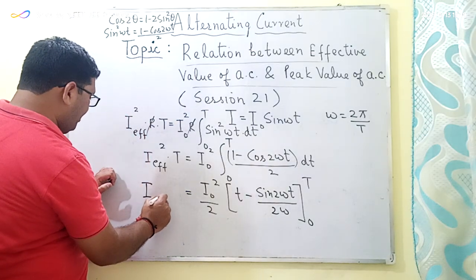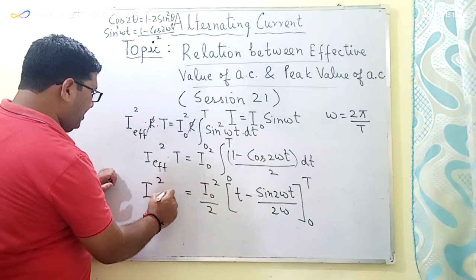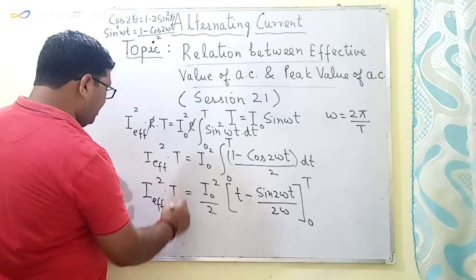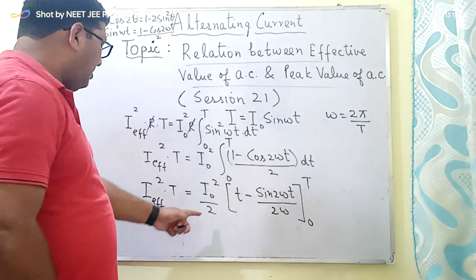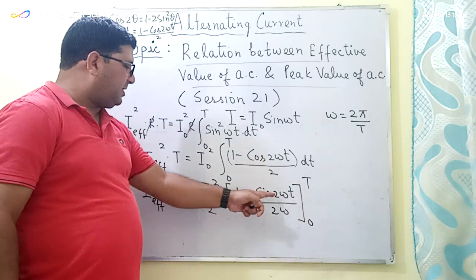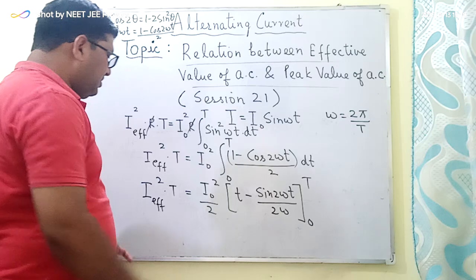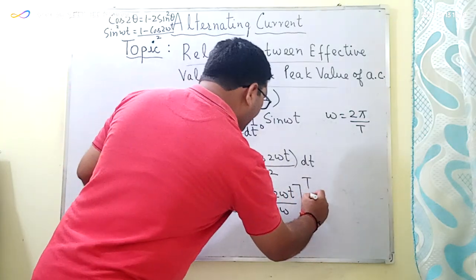So I effective whole square into T is equal to I naught square upon 2 in bracket t minus sine 2 omega t divided by 2 omega within the limits of 0 and capital T. So its value will be equal to what?